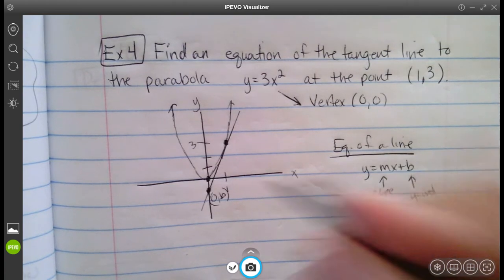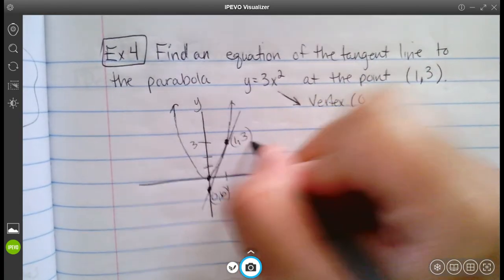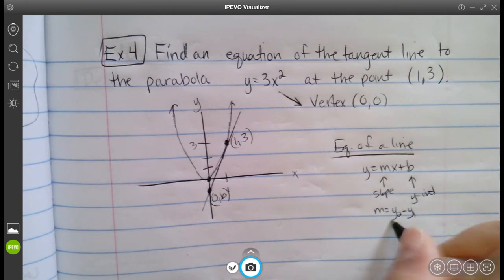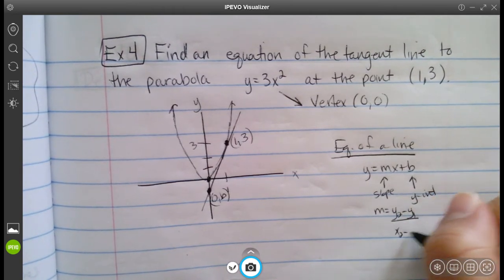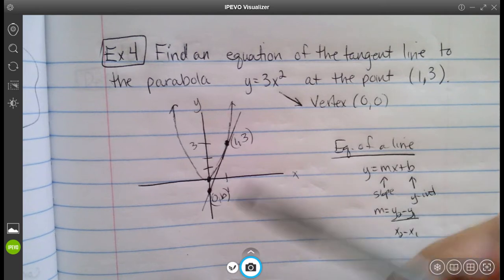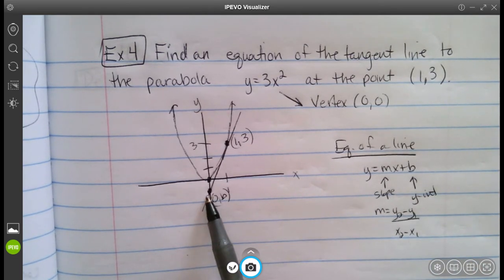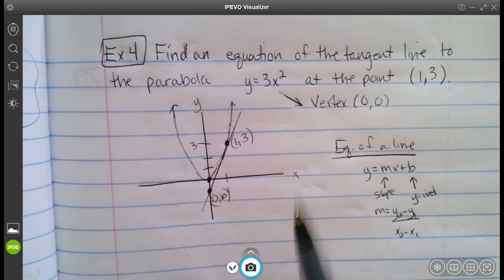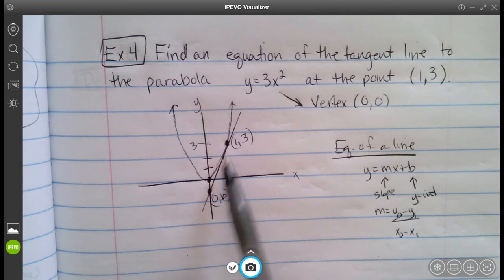The slope, well, I know that this point up here is (1, 3). I know that slope is equal to the difference of the y's divided by the difference of the x's, right? So if I could figure out what this point is, I can use this and this to figure out the equation of the line. How am I going to do that? Well, I'm going to find the distance between here and the focus.